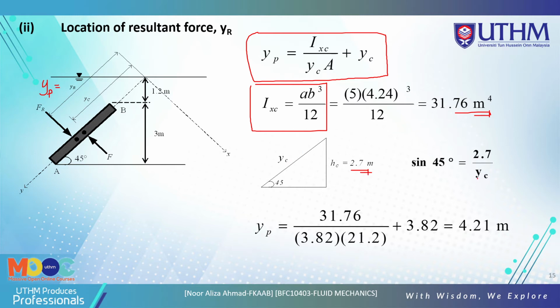So YC is 2.7 divided by sin 45, so you get the YC is 3.82. Then to get the YP, you use the equation here, and you get the value of 4.21.